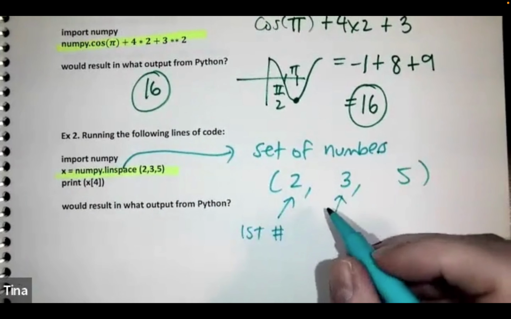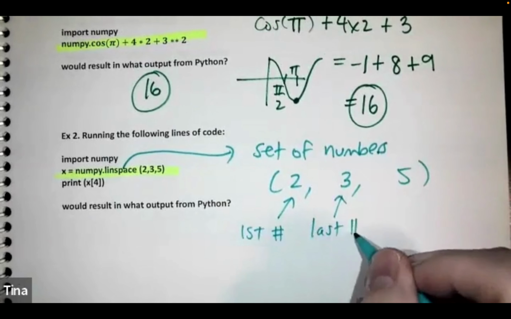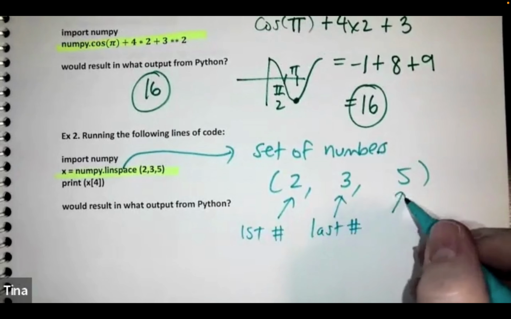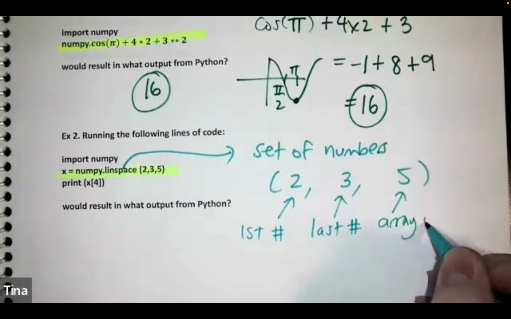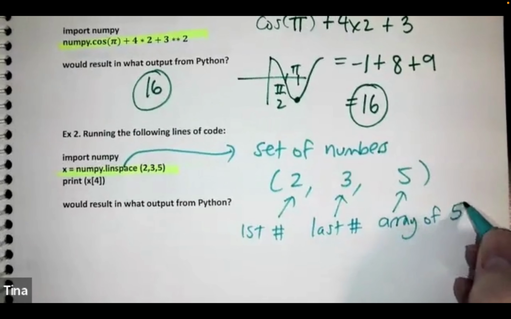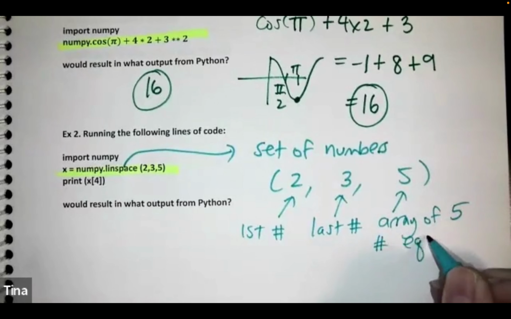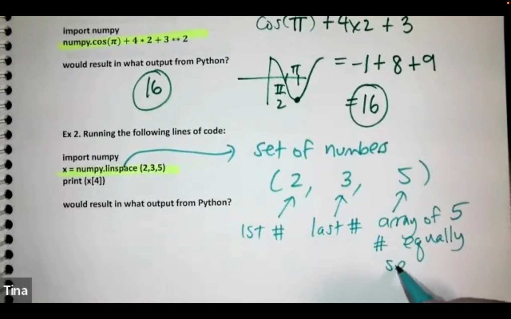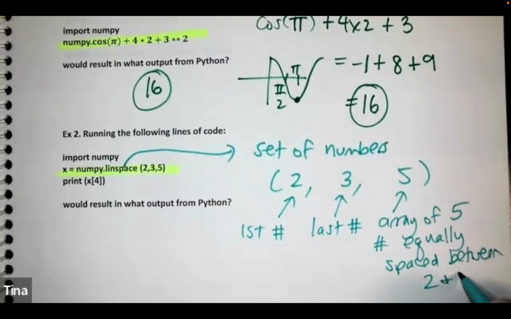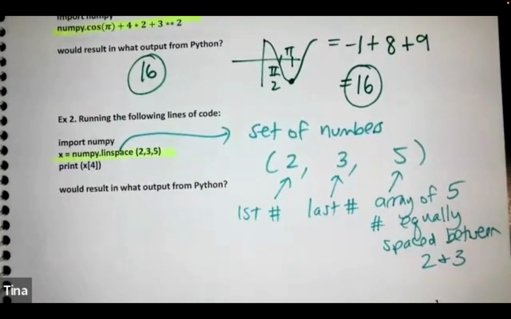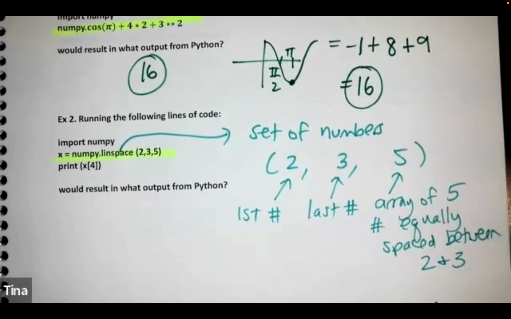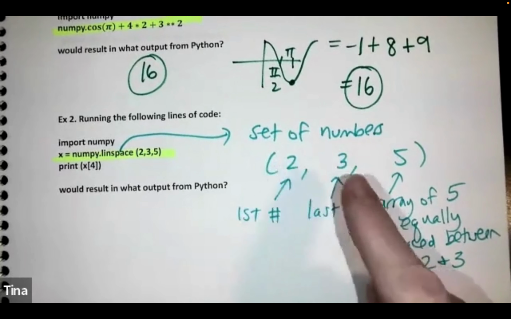The second number listed is the last number in the set. And the 5 means there's an array of 5 numbers equally spaced between 2 and 3. So 5 numbers in the set equally spaced between the first number 2 and the last number 3.